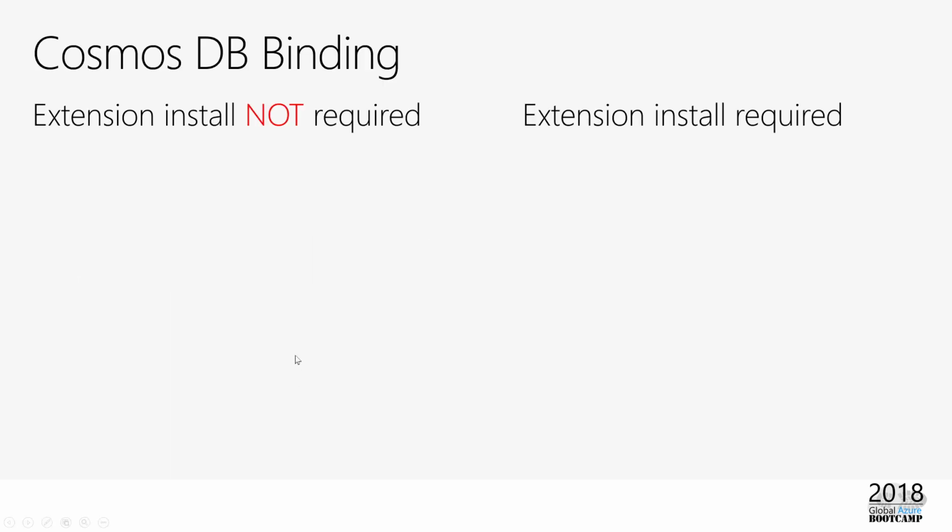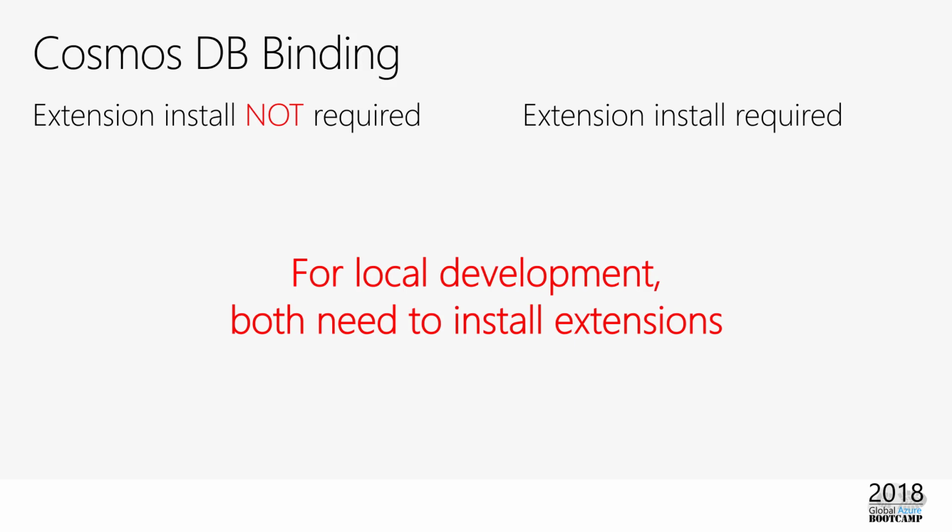In the version 1 runtime on the UI side, we don't have to install any extensions because they are all installed by default. On the other hand, in version 2, the runtime needs to install the Cosmos DB extension if we want to run it.